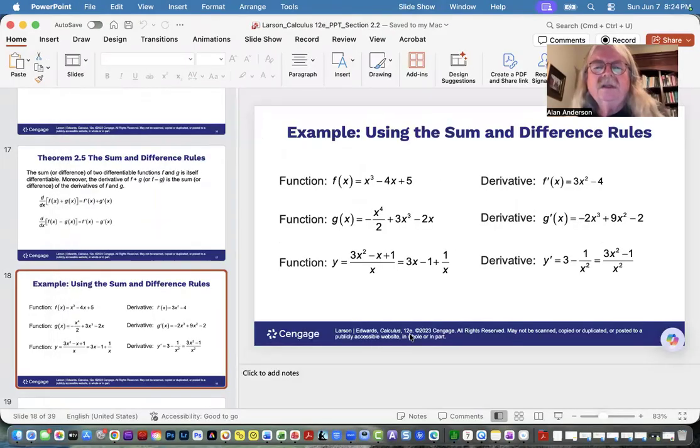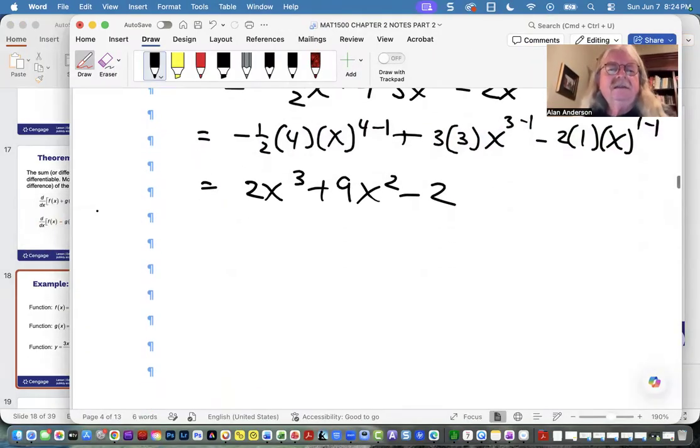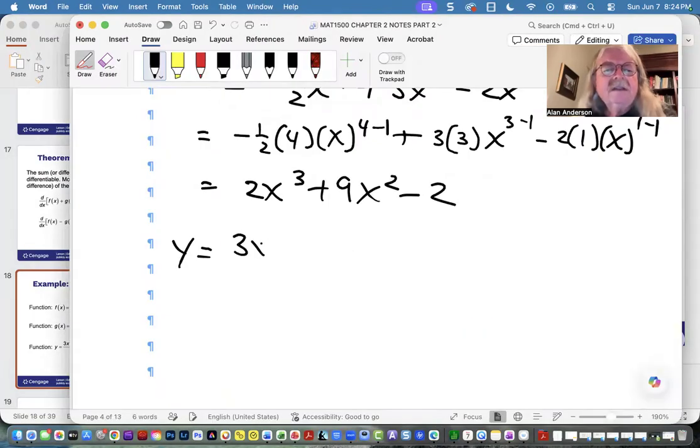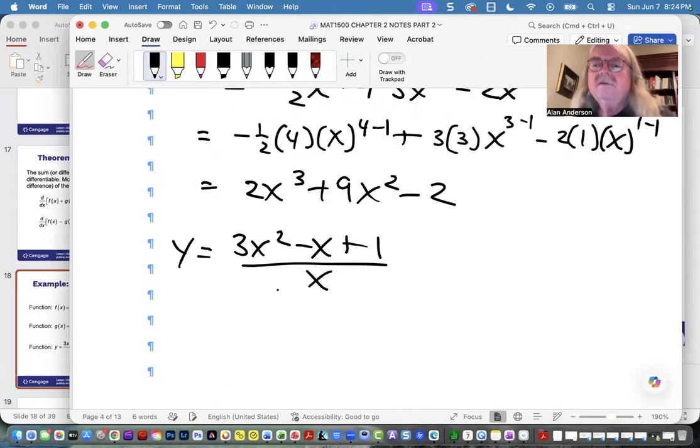And then, we got this. Look at this one. Now I see what they did. All right. So you've got y equals 3x squared minus x plus 1. Now, there is a rule for quotients, but we haven't seen it yet.